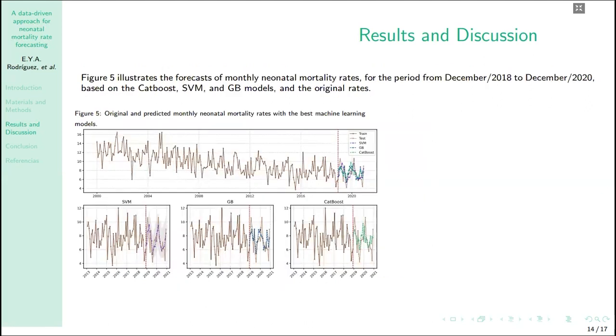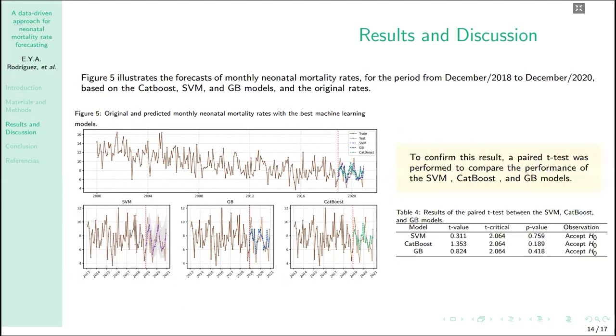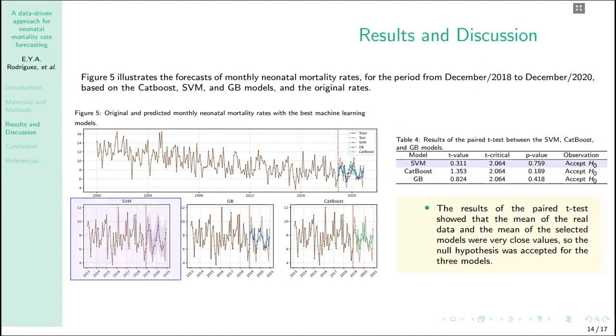Through a visual analysis in Figure 5, the support vector machine model showed better behavior in forecasting monthly rates, showing a high degree of proximity between the original data and the forecasted values. To confirm this result, a paired test was performed to compare the performance of the support vector machine, categorical boosting, and gradient boosting models.